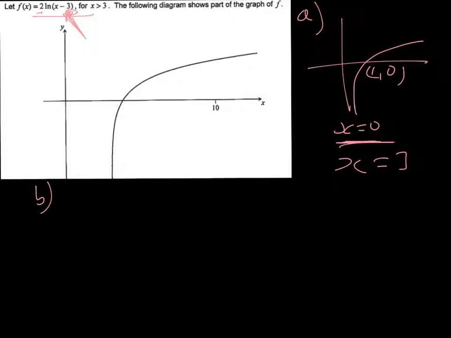In part B, we are asked to solve 2 ln(x minus 3) is equal to 0.